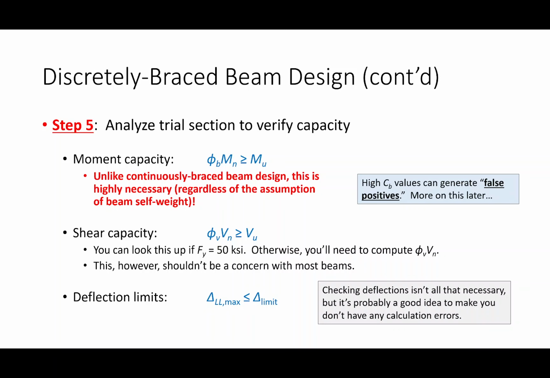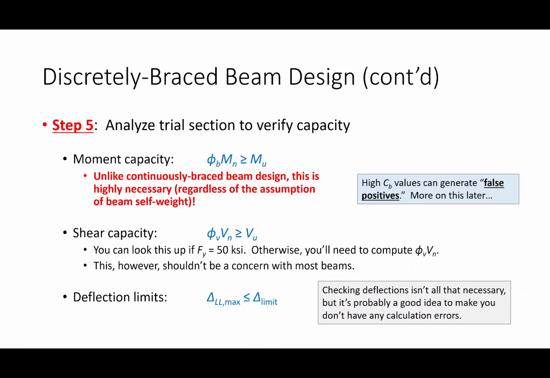So let's ignore all this buckling stuff. Okay, and let's say that you assume a self-weight of 100 pounds per foot. Let's just say you assumed that, okay? And then after you did a bunch of math, you found that a W24 by 76 would be a viable candidate.